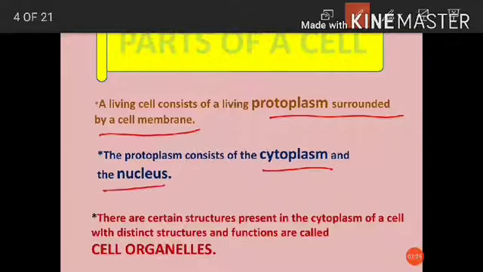There are certain structures present in the cytoplasm which act as ground substance for the cell, containing different structures having different functions, called cell organelles. So we can say that certain structures present in the cytoplasm of a cell with distinct structures and functions are called cell organelles.